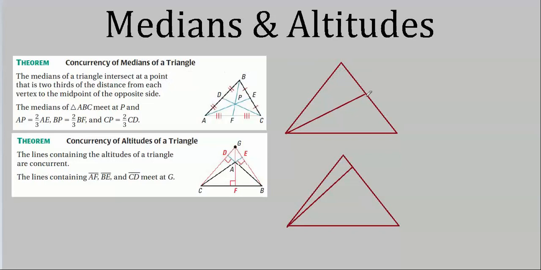Well, once again, it turns out that if we construct that line for each vertex in the triangle, they are concurrent. That is, they all intersect in one point, and that point is the centroid.